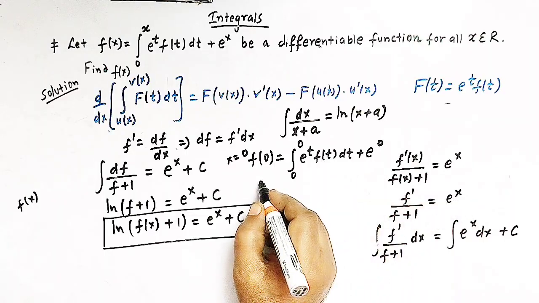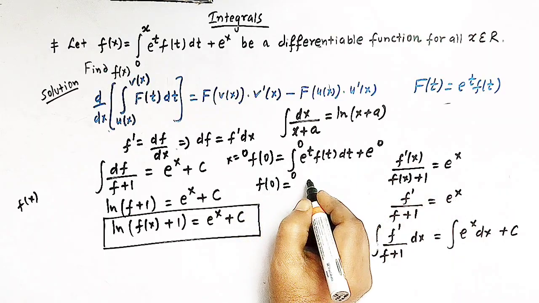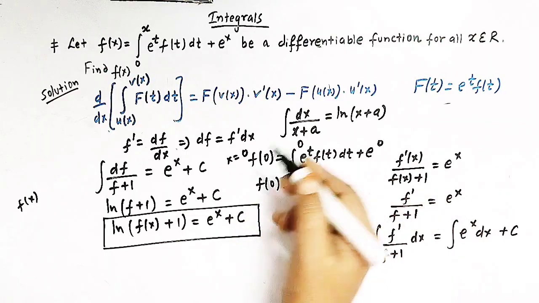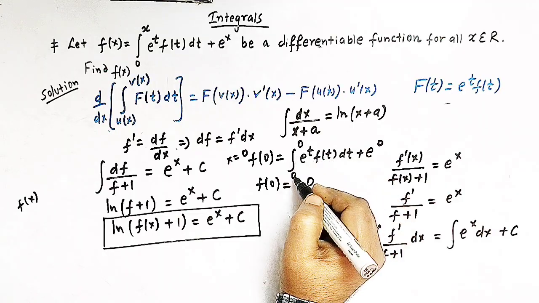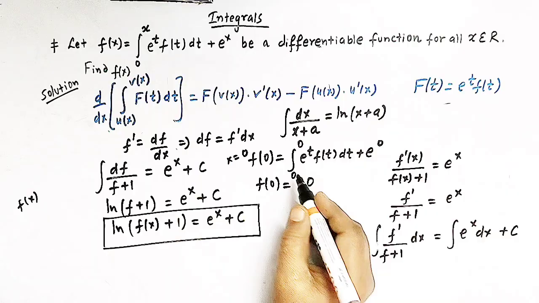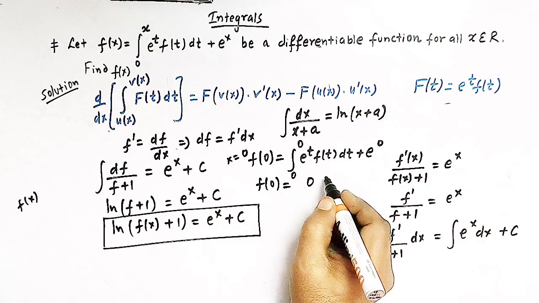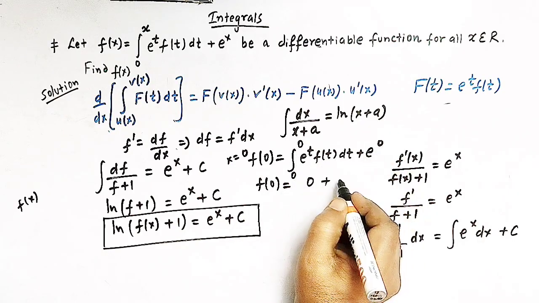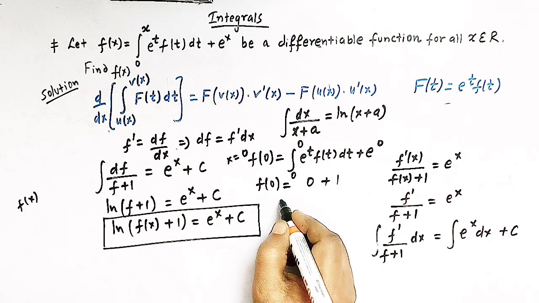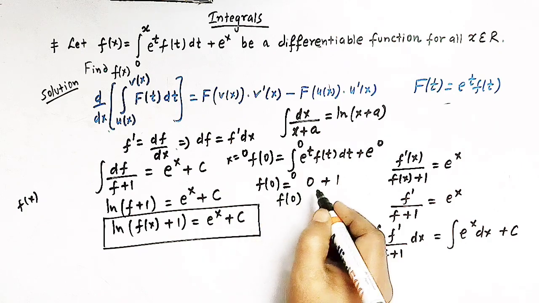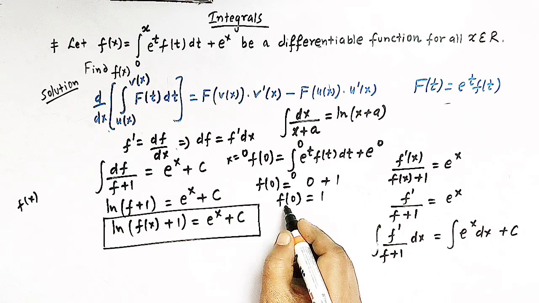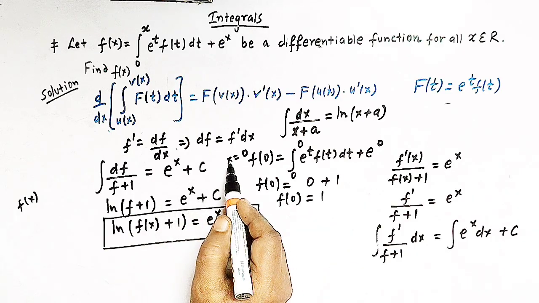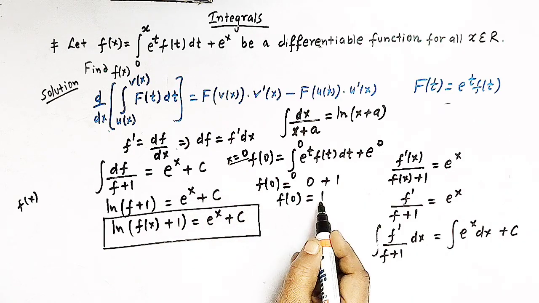So f of 0 is equal to 0 plus e raised to 0, because the value of this integral is 0. Here the lower limit and the upper limit both are 0, right? And e raised to 0 is simply 1. So we have obtained the condition that f of 0 is equal to 1. So when x is equal to 0, then f of 0 is equal to 1.